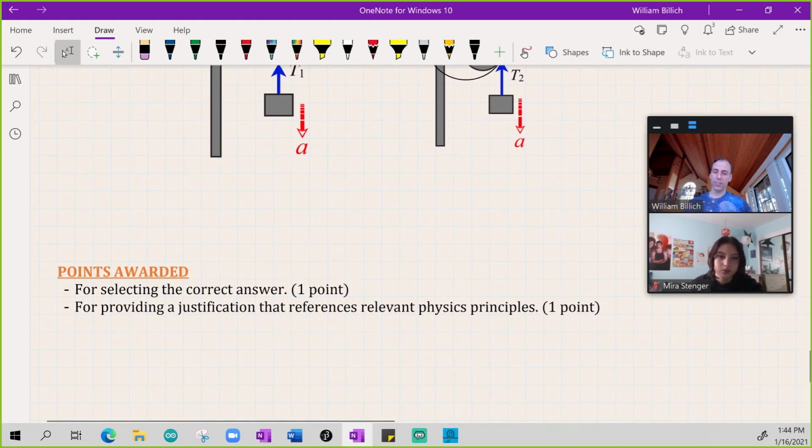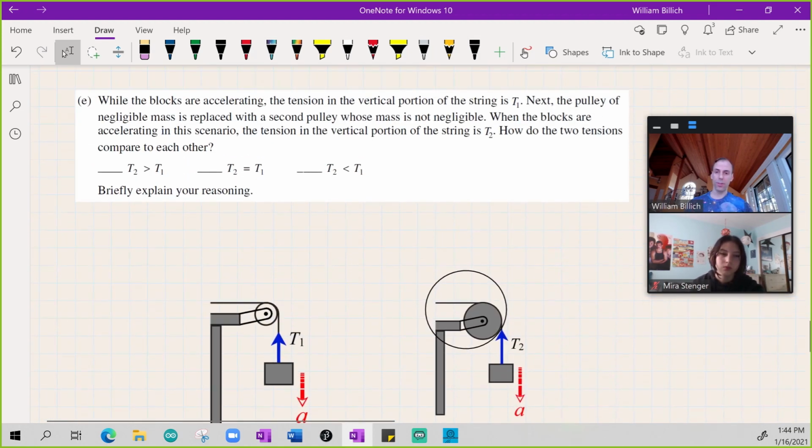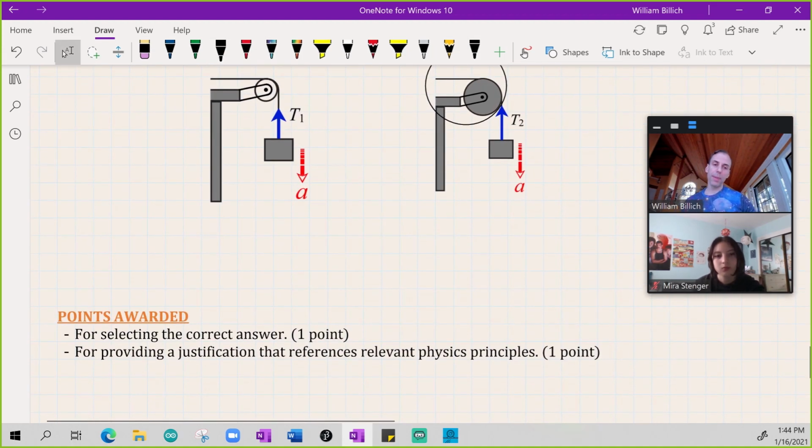So again, this one is 2 points. So 1 for selecting the correct answer, that the tension would go up. So 1 point here. And then maybe I'll provide a sample justification. It would be something like, because the mass has rotational inertia now, and that requires a force in order to accelerate it rotationally.